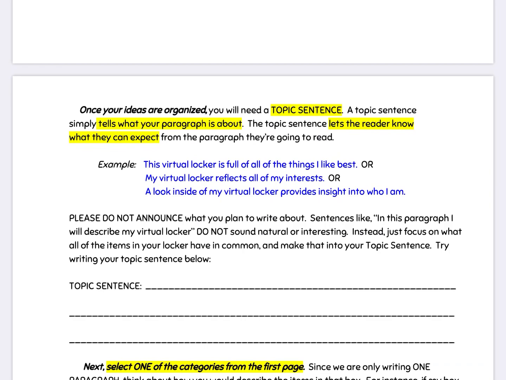You would not write a text to a friend that says, in this text message, I will tell you how my weekend went. So, keeping that in mind, you want to try to get as close as you can to the examples in blue. But keep in mind, the beauty of writing is there really are a million ways to do this correctly. Just make sure that that topic sentence mentions that the virtual locker has items in it that are of significance to you.